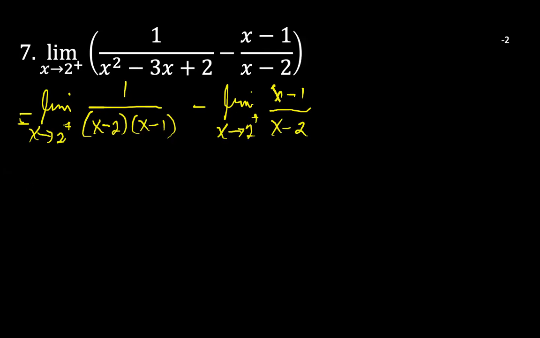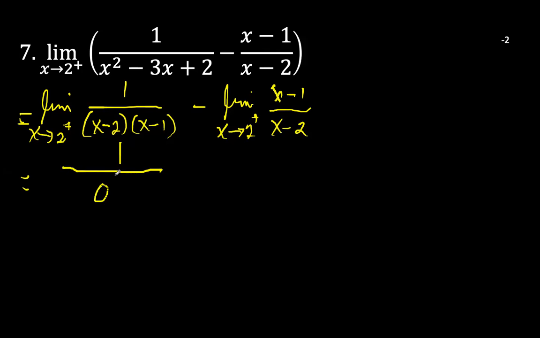Okay, let's simplify this. Since we are considering all of the values of x which are close to 2 and greater than 2, like 2.001, something like that. So the limit of a constant is constant. And here, the values of this factor are approaching 0, all right?